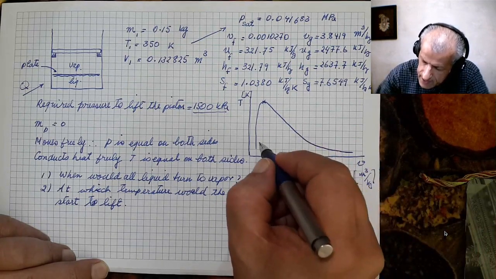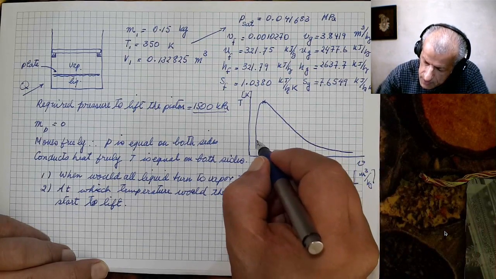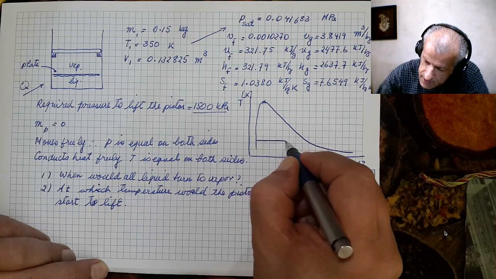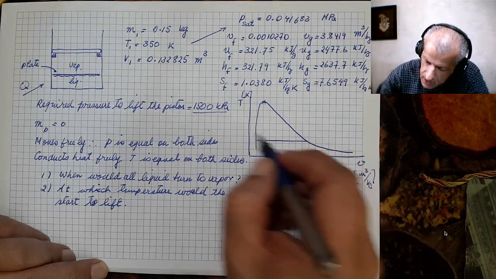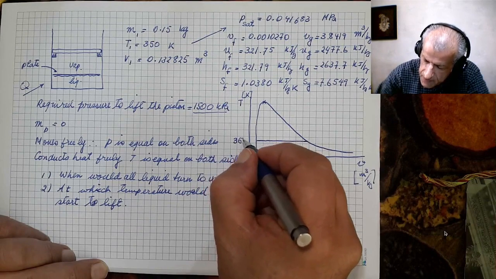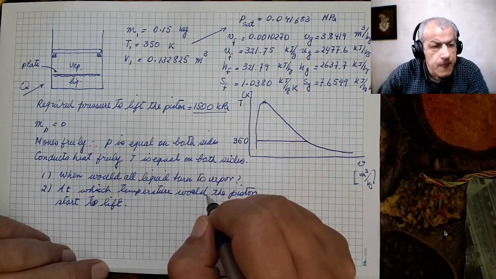Now, let's draw the line here. This is the saturation line for 350 kelvins.